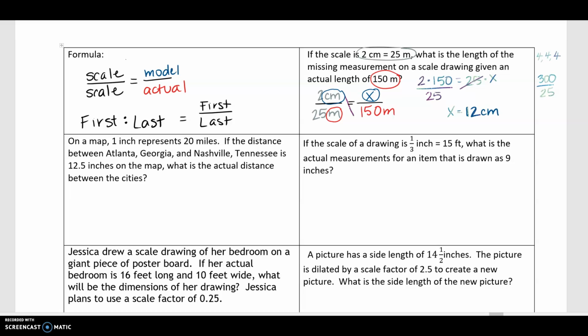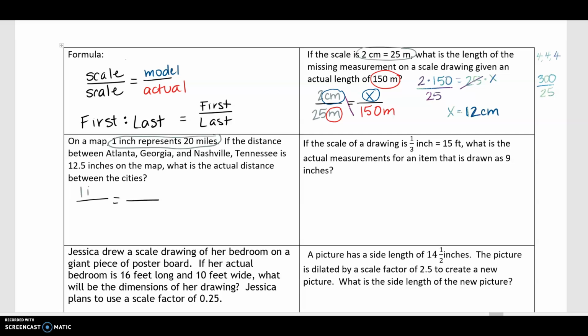So on a map, 1 inch represents 20 miles. If the distance between Atlanta, Georgia and Nashville, Tennessee is 12.5 inches on a map, what is the actual distance between the cities? So I know I'm setting up a proportion and it gives me here 1 inch represents or equals 20 miles.